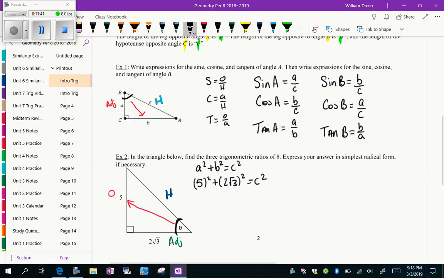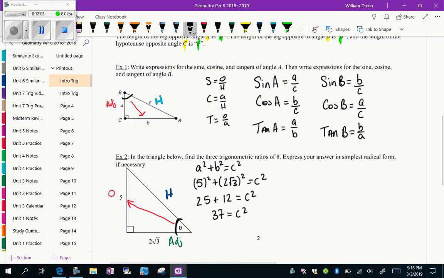I know 5 squared is 25, plus, if I can use my calculator, 2 radical 3 squared is 12. And that's going to equal c squared. I'm going to have 37 equals c squared.